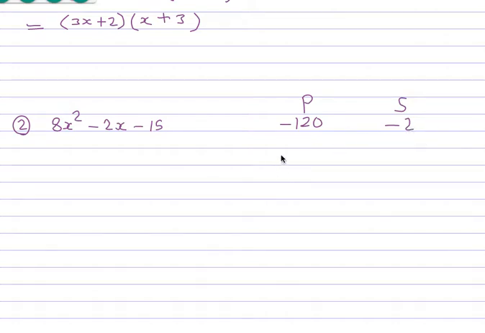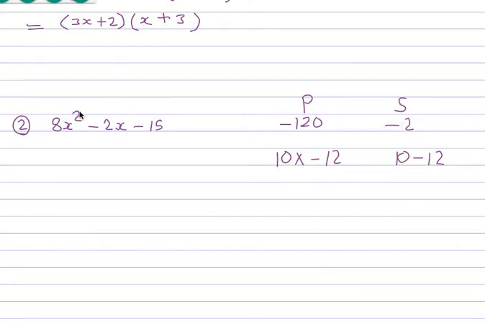2. So let's take 10 times 12. Here 10 times 12 is 120, and the difference is 2. Okay, the condition says the larger number is negative, so 12 is the larger number, and this is negative. 10 minus 12, we get -2.